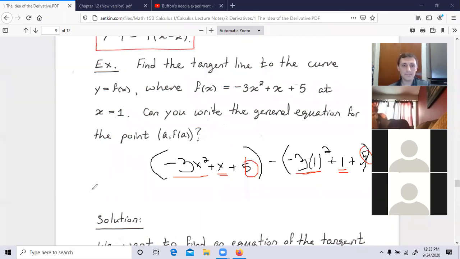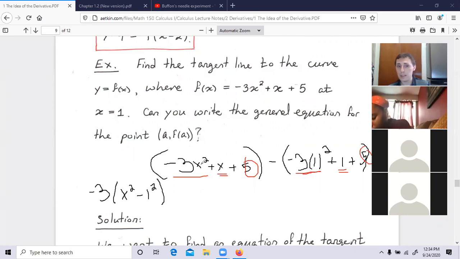When I group it, it's minus 3x squared minus 3 (1 squared). So I can factor: it's really minus 3, and then in parentheses I have x squared minus 1 squared.